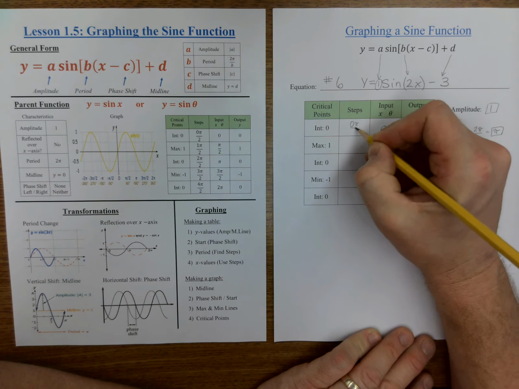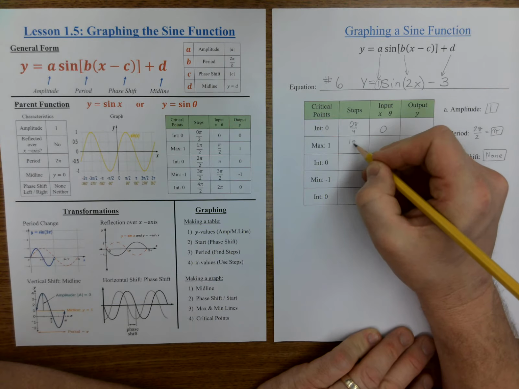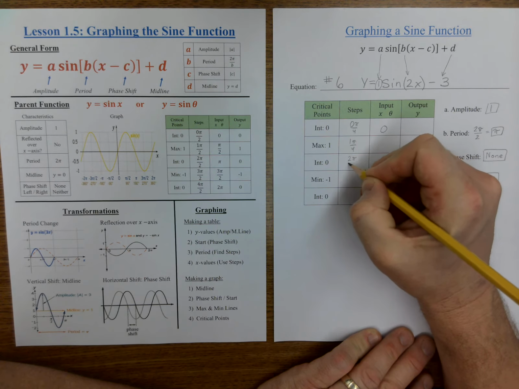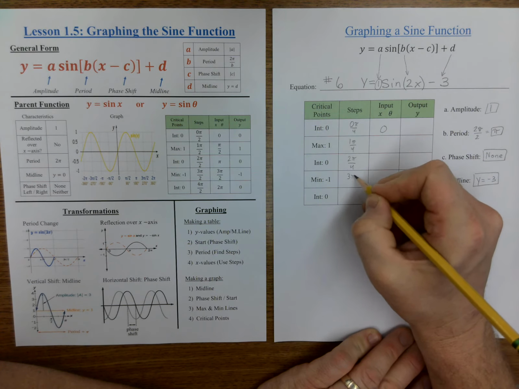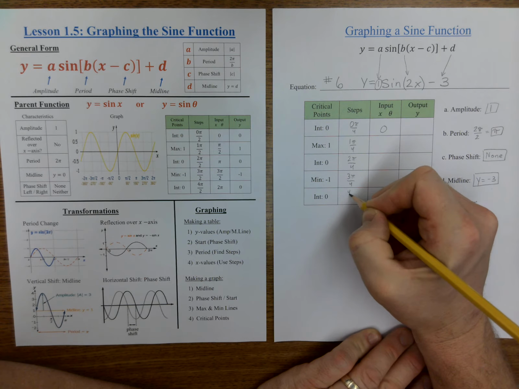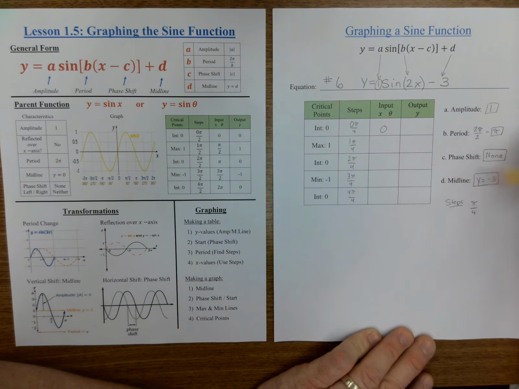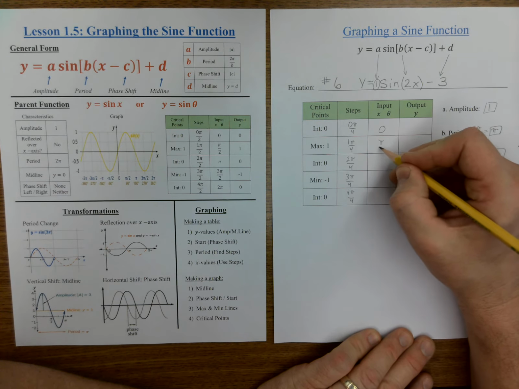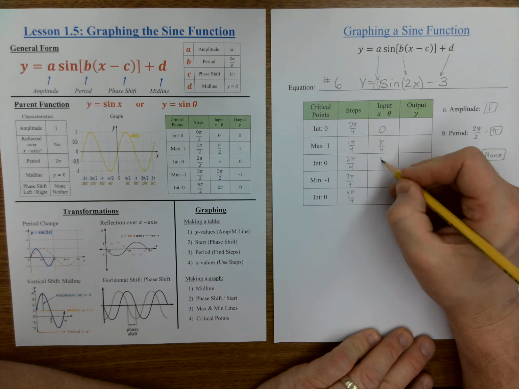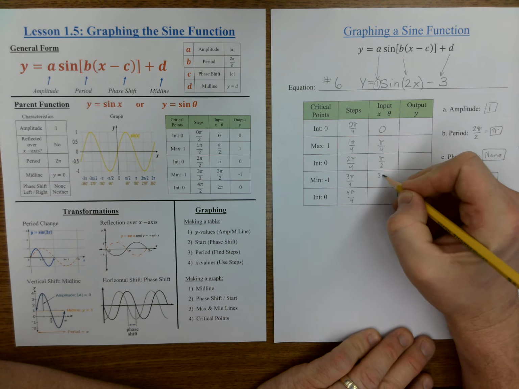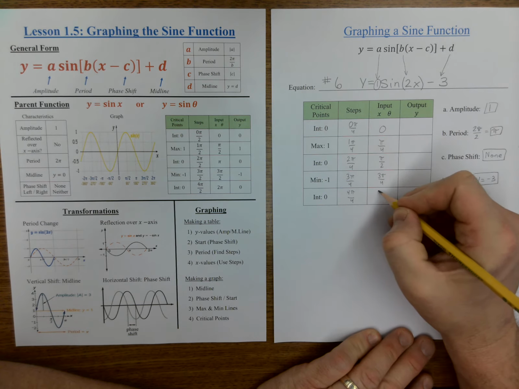I'm starting at 0 pi over 4, then 1 pi over 4, 2 pi over 4, 3 pi over 4, and 4 pi over 4. 0, 1, 2, 3, 4, nice and even. We can simplify them: this would be pi over 2, this would be 3 pi over 4, and that would just be pi.